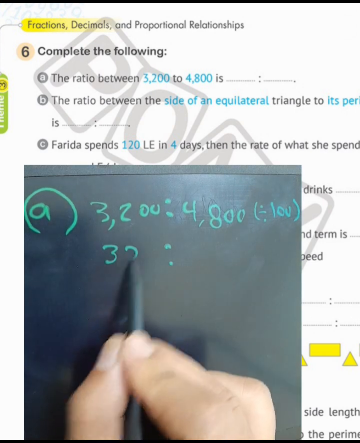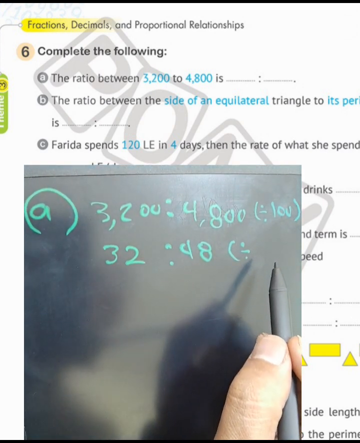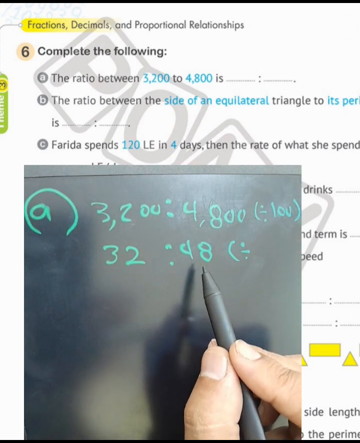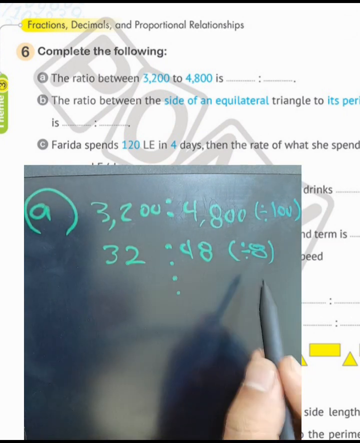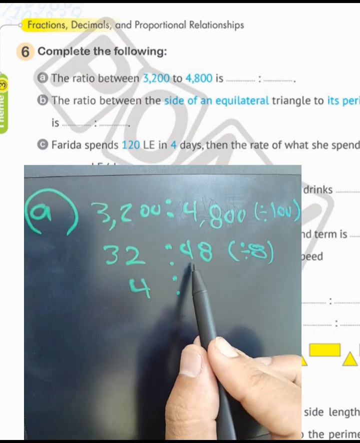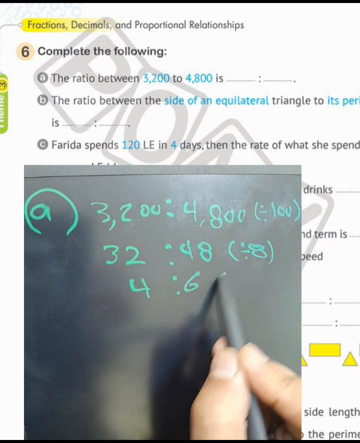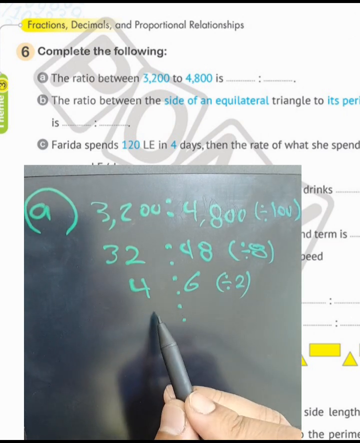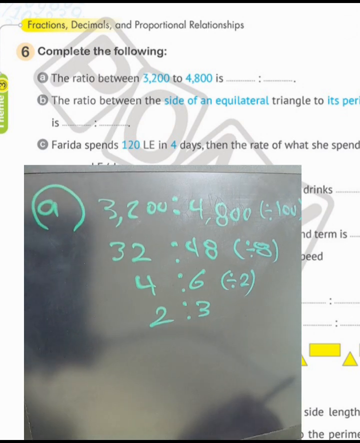It will be 32, and here 48, and then we can divide the two numbers by 8 to find the simplest, because 6 times 8 equals 48. 32 divided by 8 equals 4, and 48 divided by 8 equals 6. And then you can simplify it by dividing by 2. 4 divided by 2 equals 2, 6 divided by 2 equals 3. Then the result will be 2 to 3.